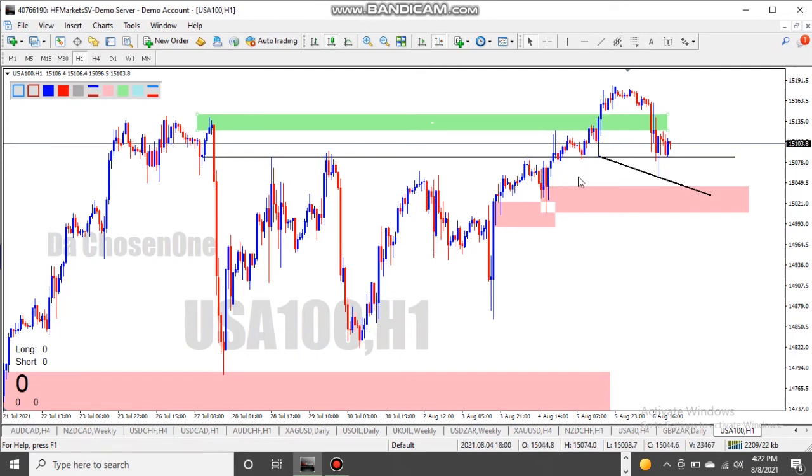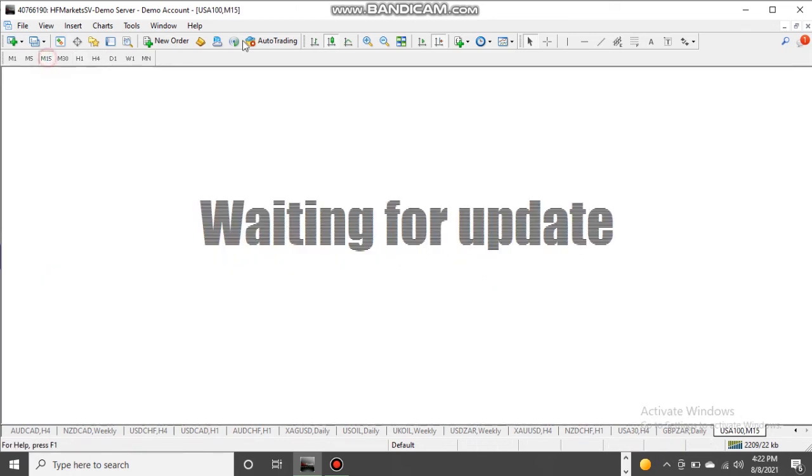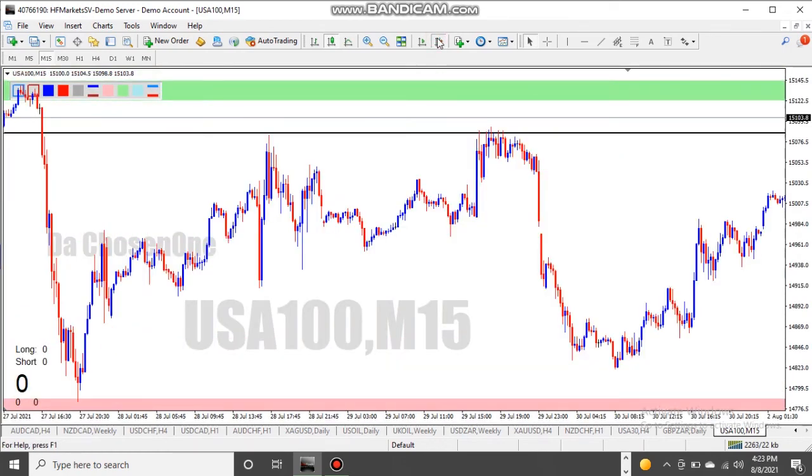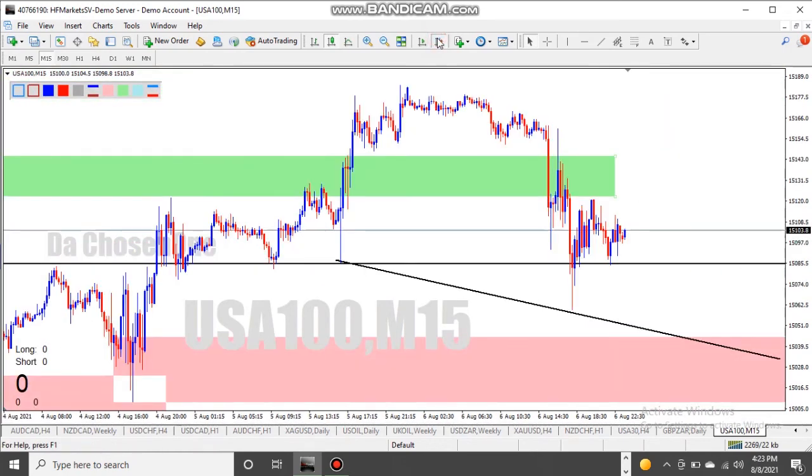So this area over here, we can wait for price to come to this area, and then we can buy Nasdaq from that area.